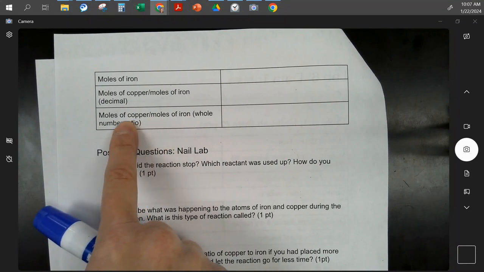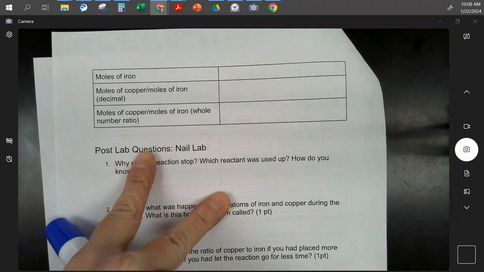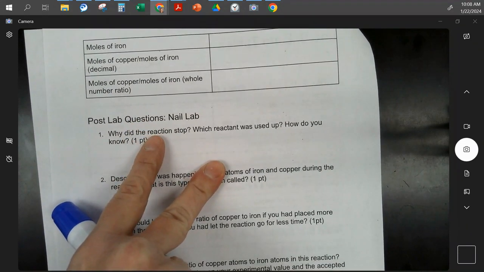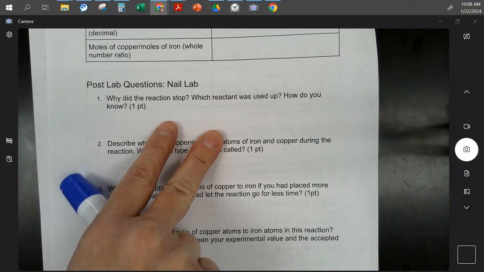So what could be the reason that you're getting more copper than iron than you should? Does that make sense? That's a question you have to answer, and there are lots of reasons. For example, if you don't think your sample was dry, then you're getting too much mass in your copper.